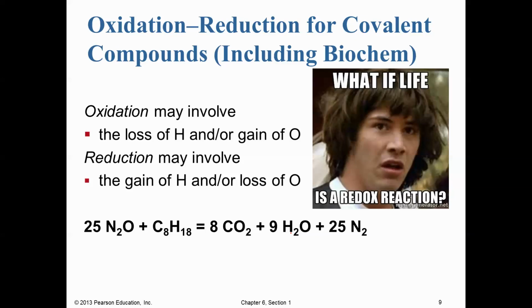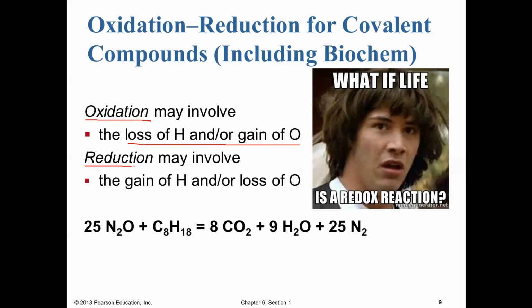Now I want to point out that identifying redox reactions in covalent compounds is a bit different. This sort of change in charge we looked at in the previous slide works really well for ionic compounds, but not so much for covalent. So in covalent compounds, we're going to look for things like oxidation. We'll often see loss of hydrogen and/or gain of oxygen. So that's oxidation.